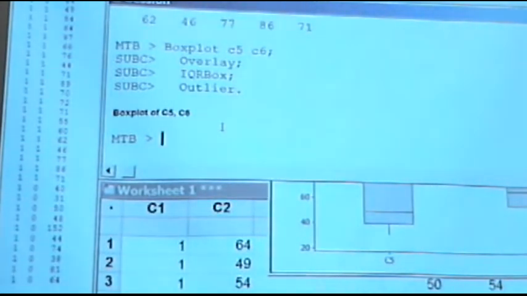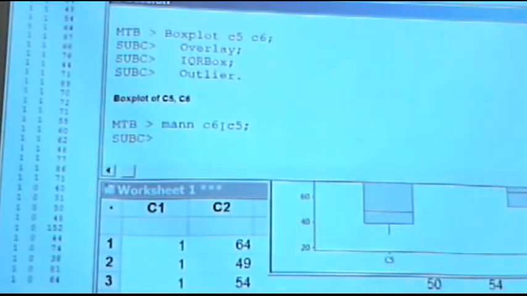And then you might want to test. C6 should be larger, so the command is the two-sample test. I just want to do one side.